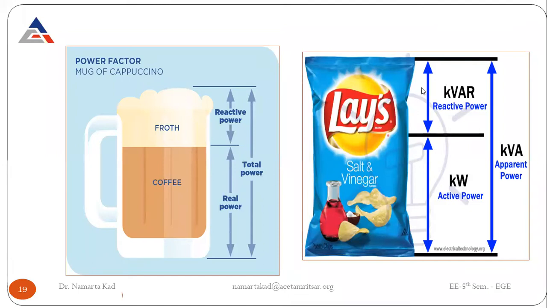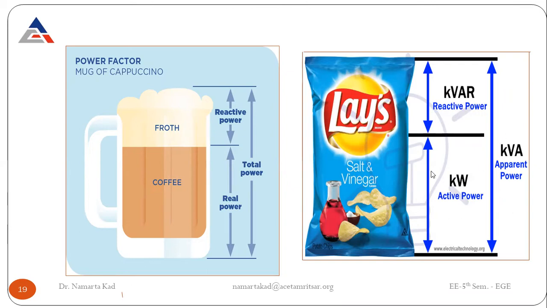Similarly, see the packet of Lay's chips. The amount of chips actually present in the packet acts as the active power, and the gas filled in the packet, which is of no use, is the reactive power. The total content of the packet is the apparent power.